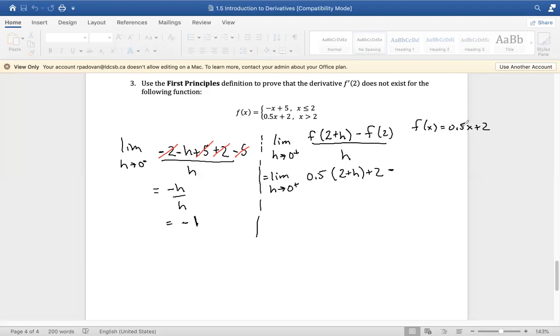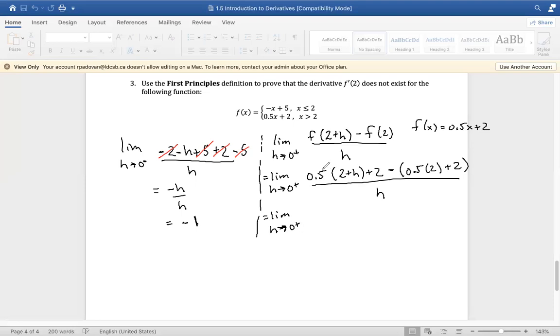So minus this equation and plugging in f at 2: 0.5 times 2 plus 2, over h. Then simplify. I'm not subbing in, my h's are not 0 yet. So I have to keep the h approaching 0 from the positive side.